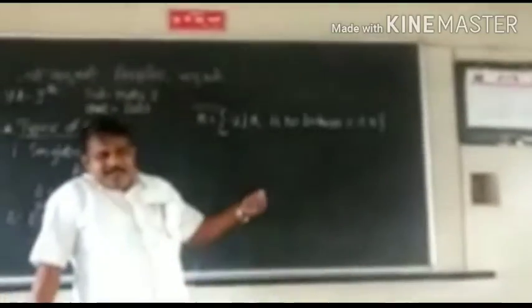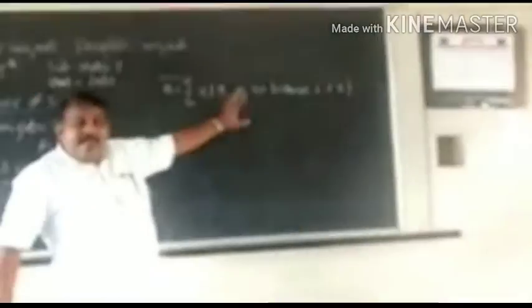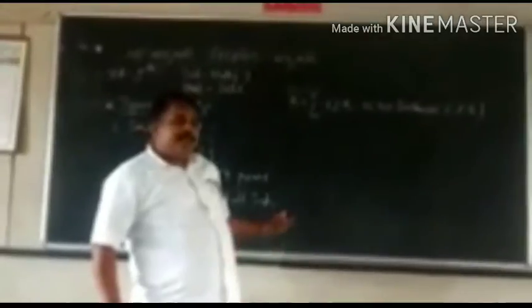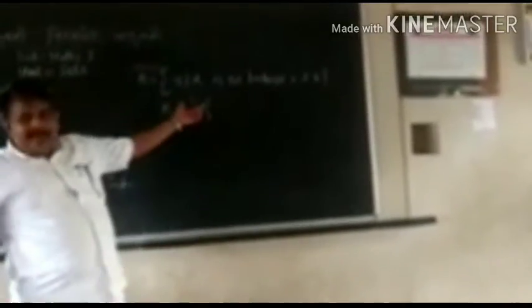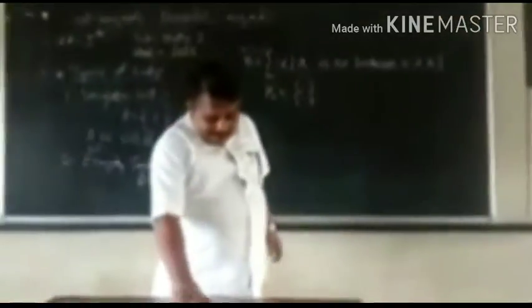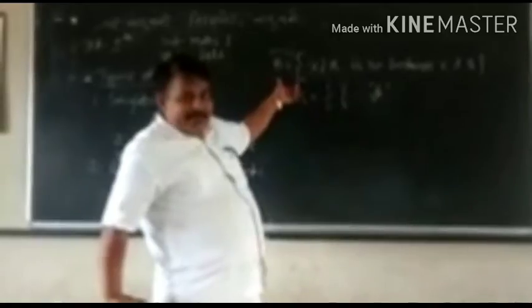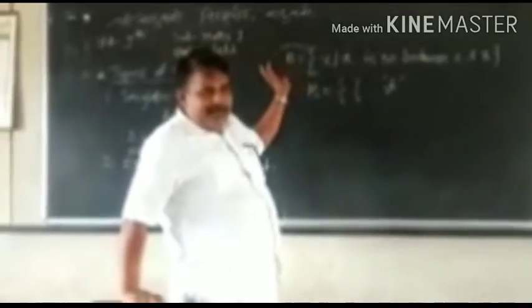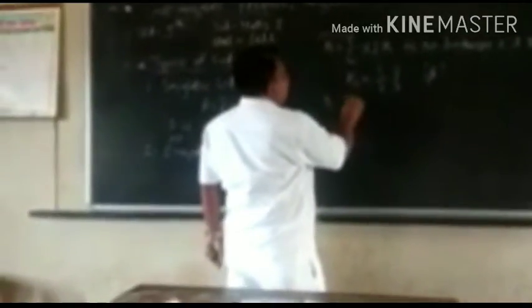If we consider only integers, then there is no number between 2 and 3. If we consider fractions, then there are numbers. But considering integers, there is no element. So B can be written as the empty set. That means we write only curly brackets, with no element in this set, or it can be represented by phi. Phi is the special notation to represent the empty set, or it is also called the null set.